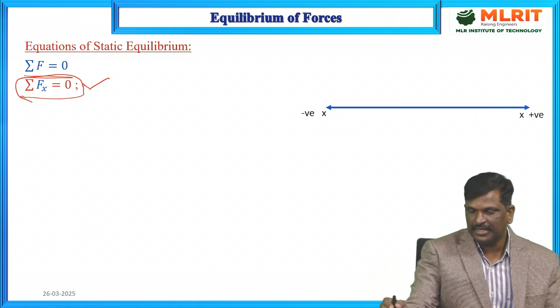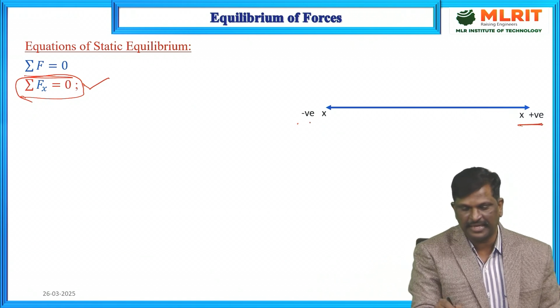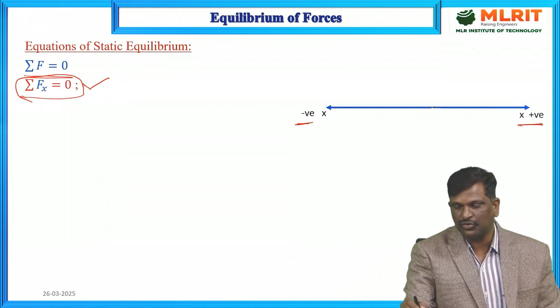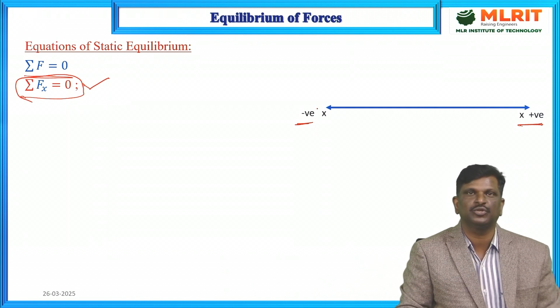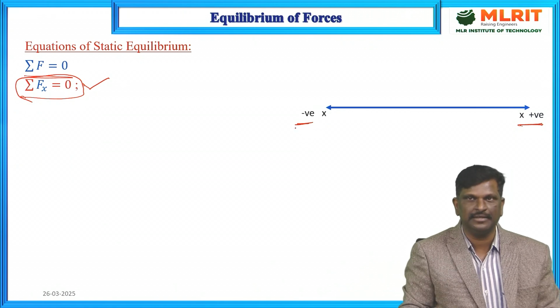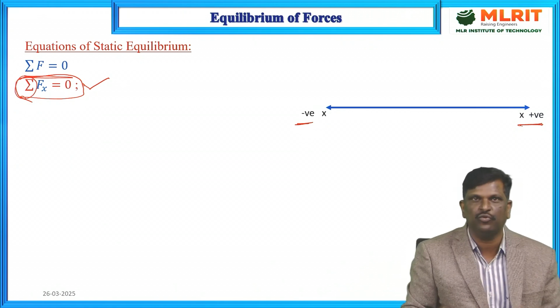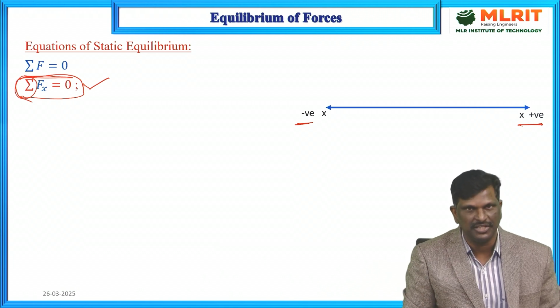Horizontally, this is the positive side of x and this is the negative side of x. I am assuming like this. Now whatever forces are acting towards the right side or positive side must be equal to the negative side. Then the net force, or algebraic sum of the forces, will become 0.